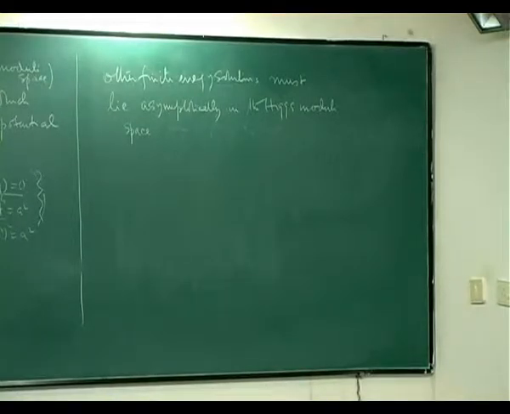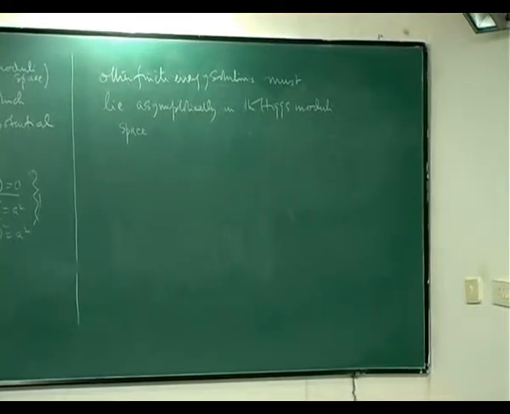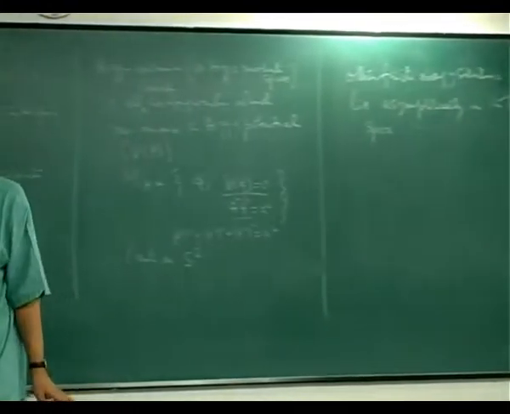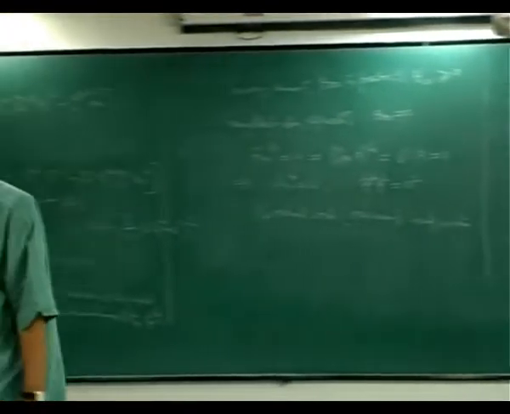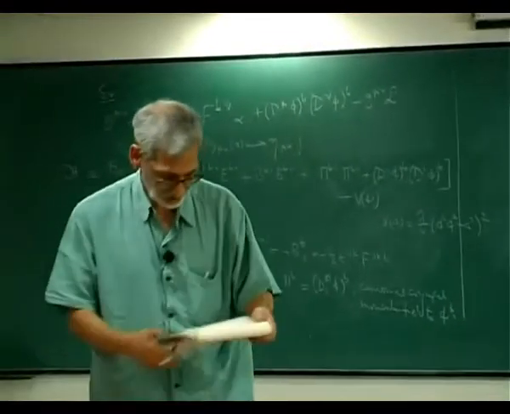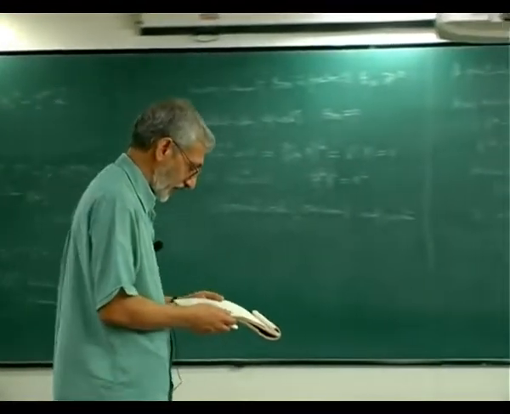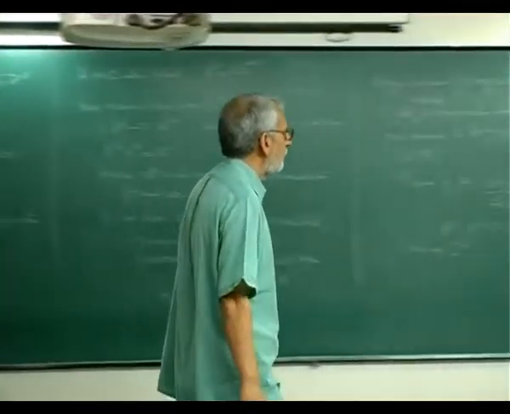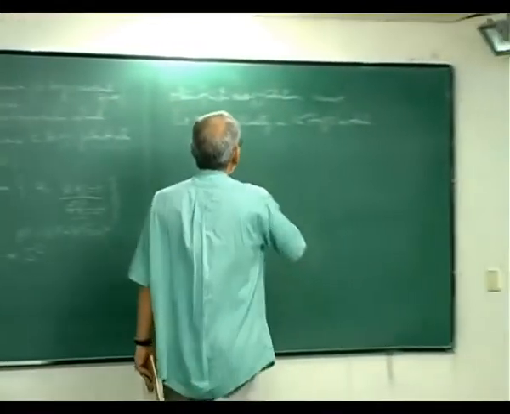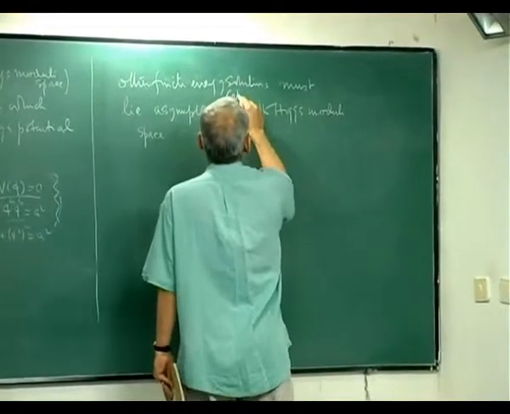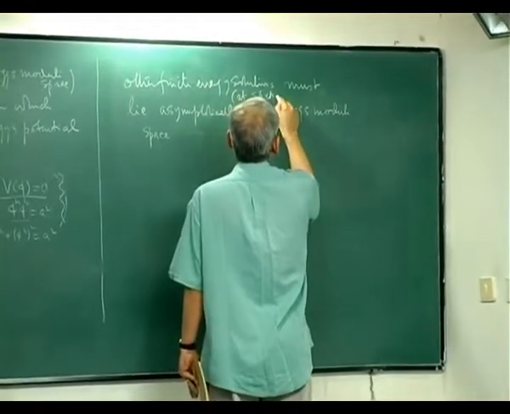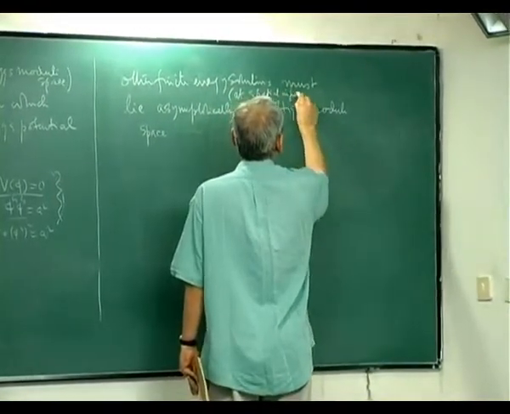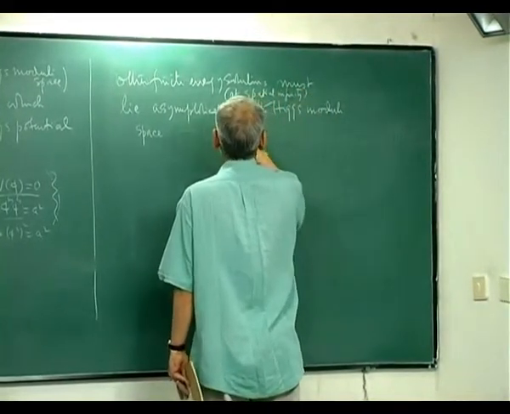At r infinity, they must take values which are some point in this S2. So asymptotically means, let me say, at spatial infinity. That's what we mean by asymptotically here.